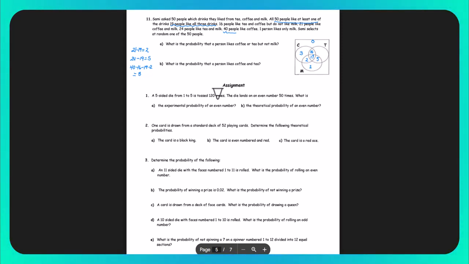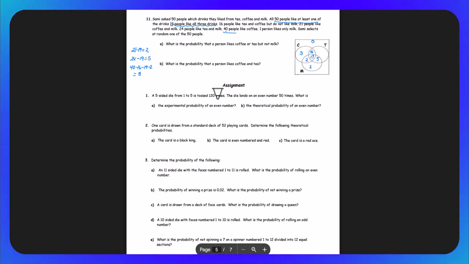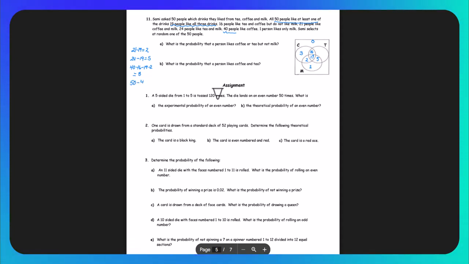So 16, 19, 5, 3, 2, and 1. Those all add up to 46. So we're going to take the total, subtract 46, and that is going to give us the only tea, guys, and that is 4. So now we have all of our information that we can actually answer.